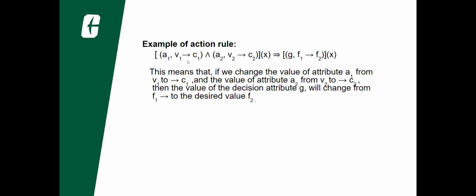If we change it from v1 to c1 and the value of attribute a2 from v2 to c2, then the value of the decision attribute g will change from F1 to the desired value, which is F2. So this is kind of the logic behind it, and we can see some business examples in the next slide.